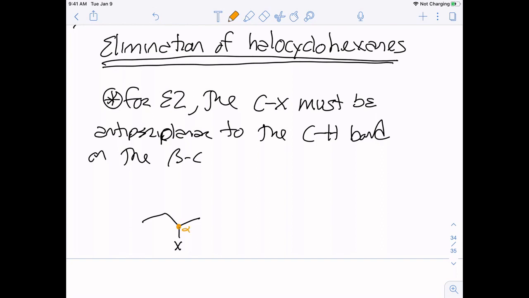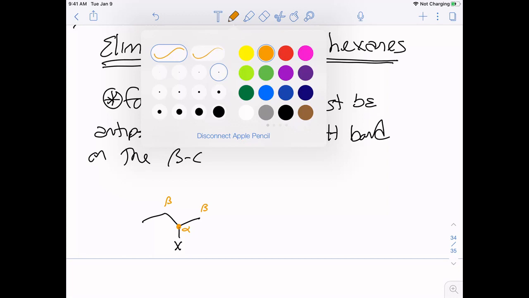It's always the one that we care about. If it's an alkyl halide, the carbon the halogen's attached to is my alpha carbon. If I was talking about an alcohol, then the carbon that the hydroxyl group is attached to would be my alpha carbon. And then one carbon away is the beta carbon. So this is a beta carbon. This is also a beta carbon. When we eliminate, we're taking the hydrogen from the beta carbon.